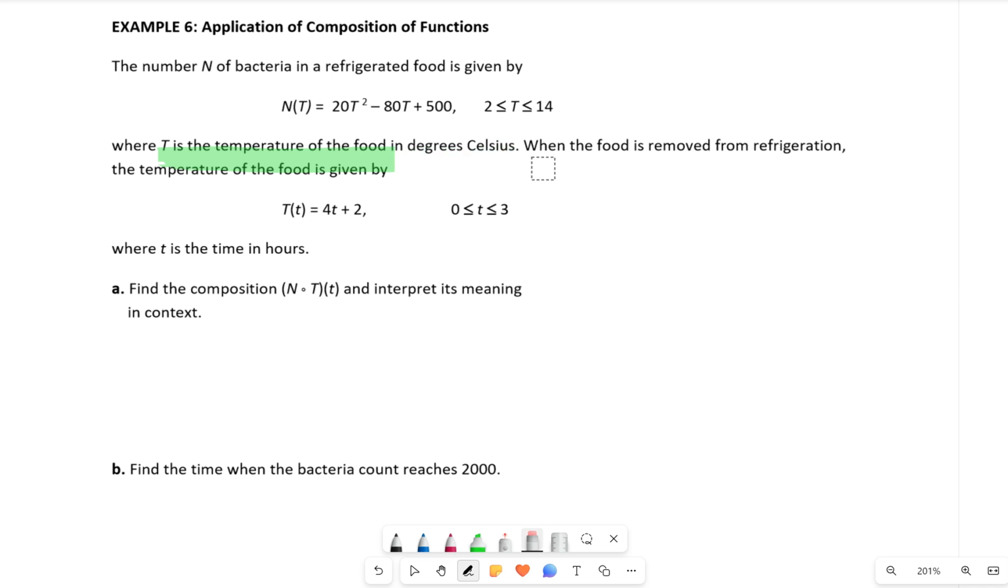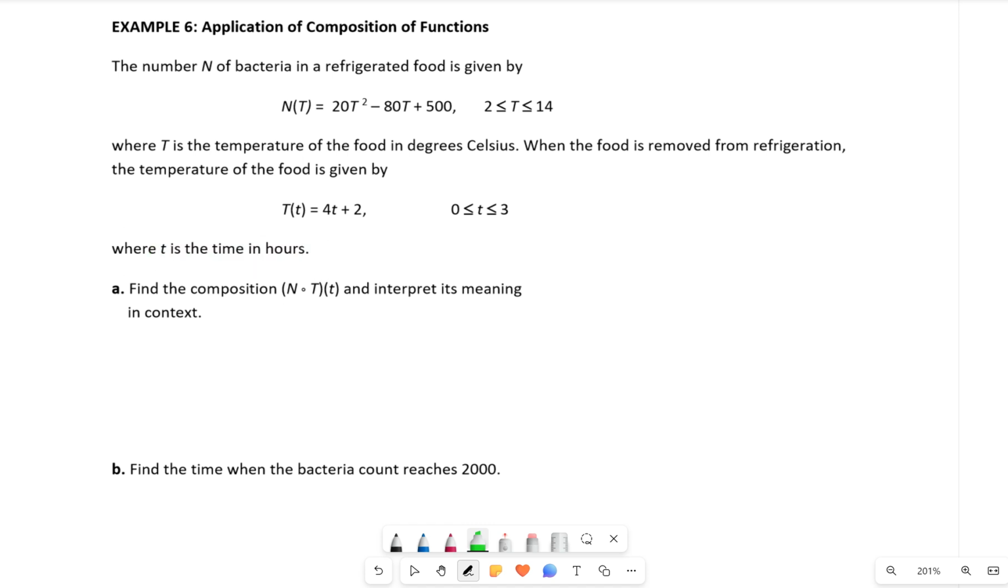Now, when the food is removed from refrigeration, the temperature of the food is given by T of t equals 4t plus 2, where the little t has to fall between the range of 0 and 3. This time, the t stands for the time in hours.